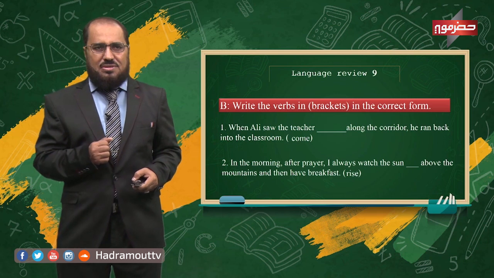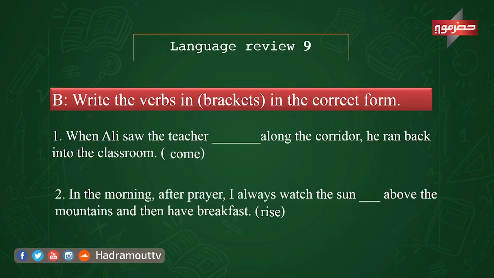Let's start with the first one. When Ali saw the teacher, blank, along the corridor, he ran back into the classroom. When Ali saw the teacher here, coming along the corridor, he ran back into the classroom.